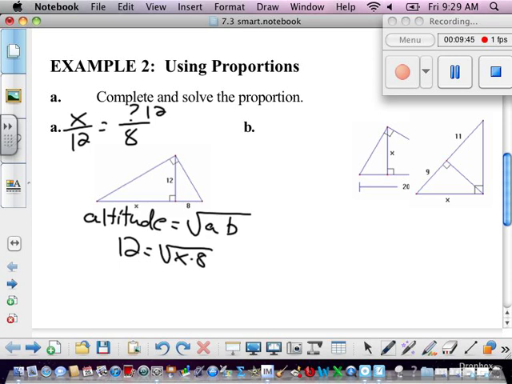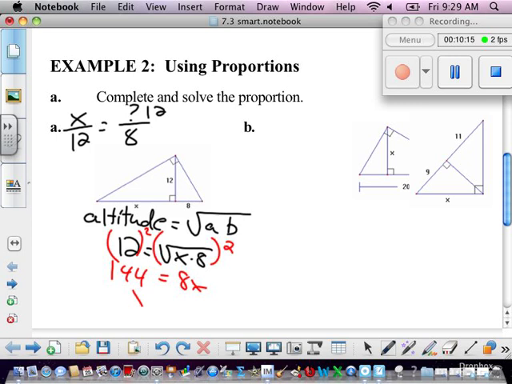How do I get rid of a square root, guys, in general? The opposite of a square root is to square it. There we go, we square it. So we get 144 equals 8x, and then we divide both sides by 8. 144 divided by 8 gives me 18.